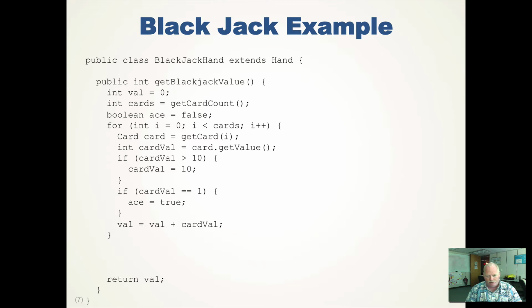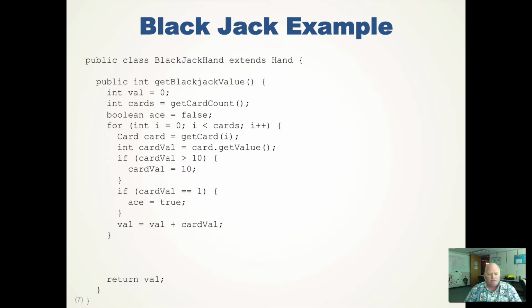So if the card value is over 10, in blackjack, all face cards are worth 10, so we set the card value to 10. If the card value is a 1, we indicate that we have an ace in our hand by setting ace to true, and then we just say val equals val plus the card value, so we're adding up the value of our hand for each card.